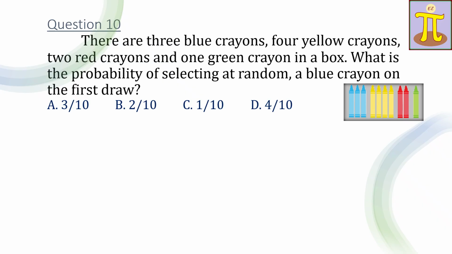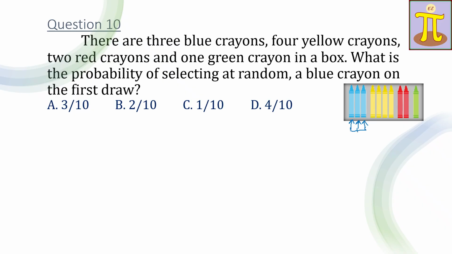Question number 10. There are 3 blue crayons, 4 yellow, 2 red, and 1 green in the box. What is the probability of selecting at random a blue on the first draw? So how many blue can we take at first? We have this one, or this one, or this one.